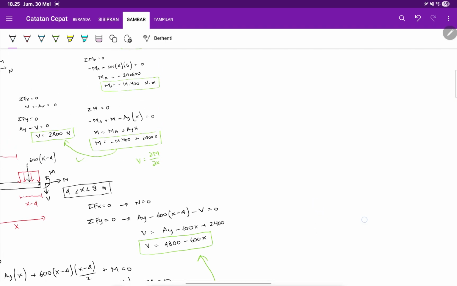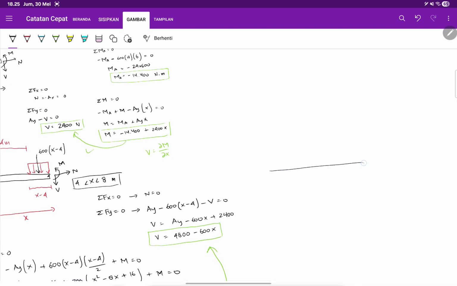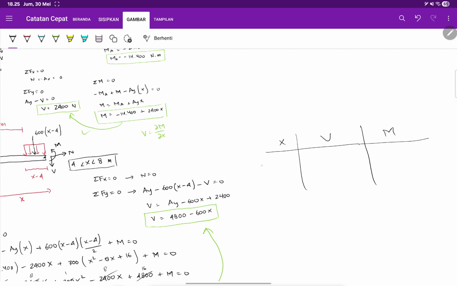So if you want, you can make a table of V and M, with X from 0 to 4 and 4 to 8.